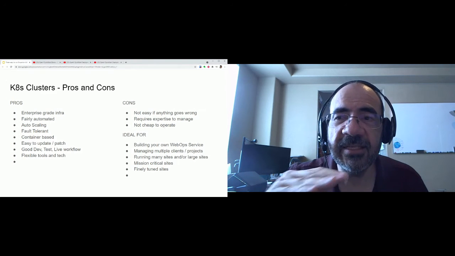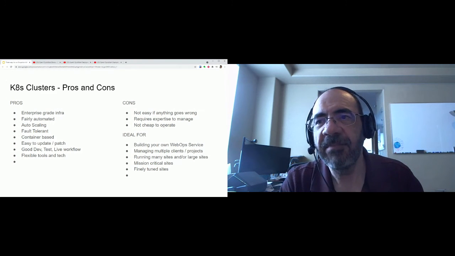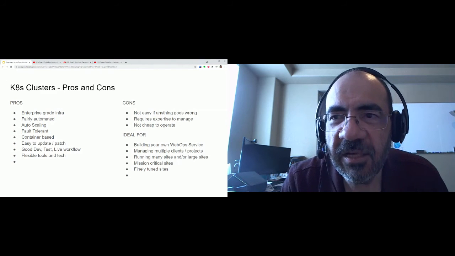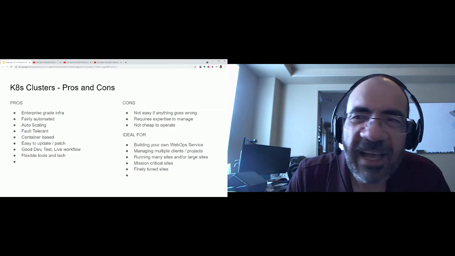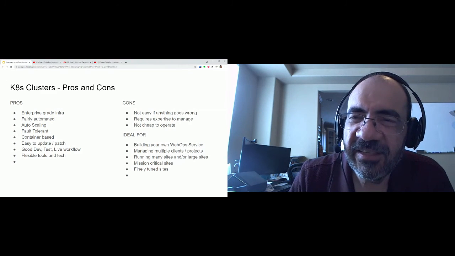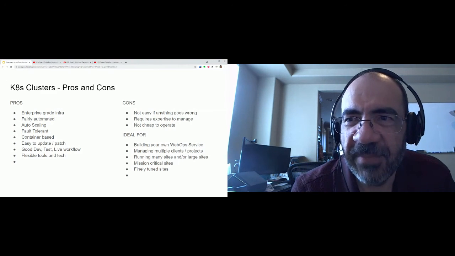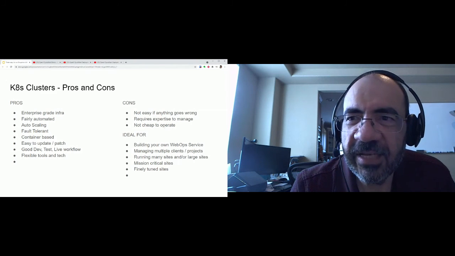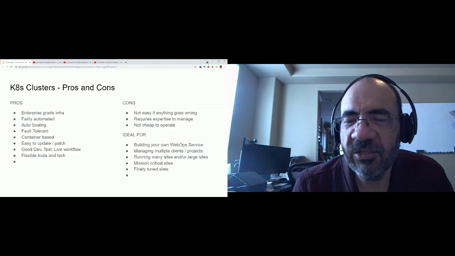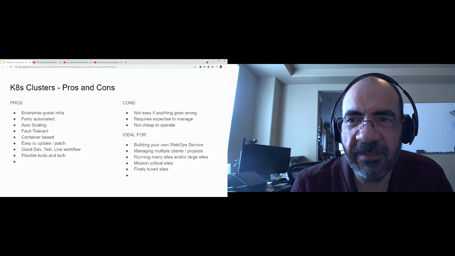Like at idle, I guess it depends on your definition of cheap. But at idle, it costs around $300 to $400 to run. But even at that level, if you're running small sites, you can run 20 sites on it easily.